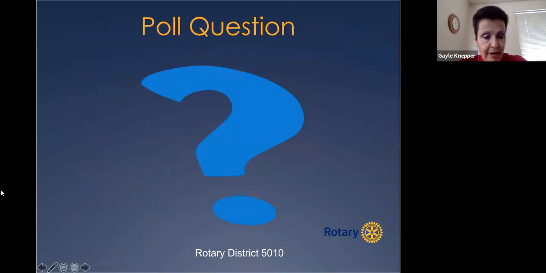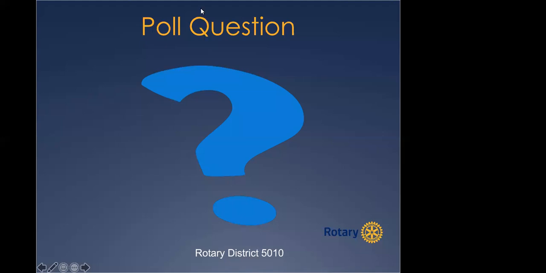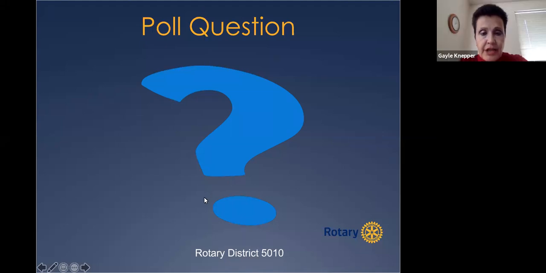We have a poll question we would like to have you participate in. Let me launch this poll. You should be seeing a poll on your screen. If you can vote, please, in the next 10 seconds or so, let us know how you're doing at your club. What percentage of your club's goals have been entered into Club Central for the new upcoming Rotary year?